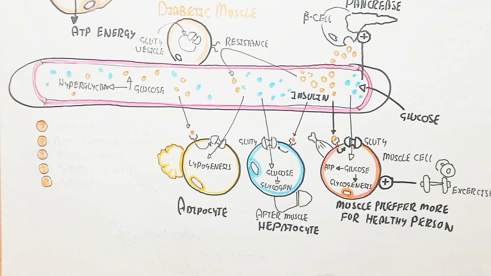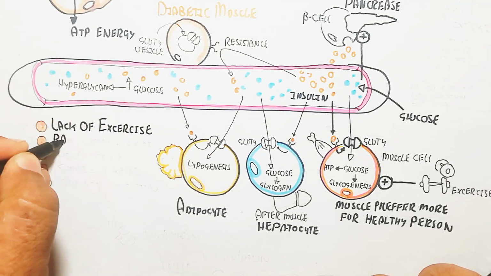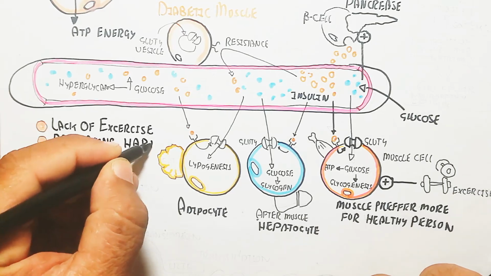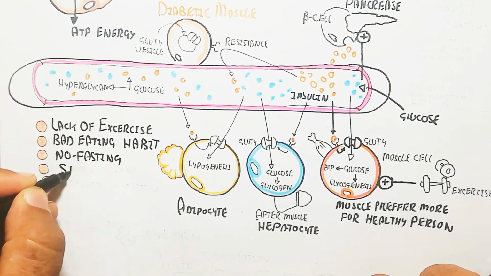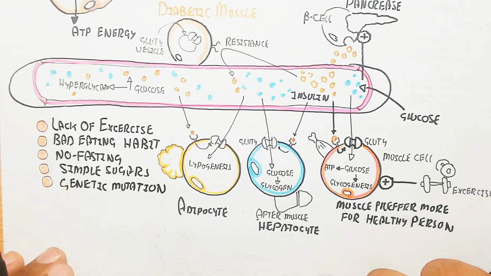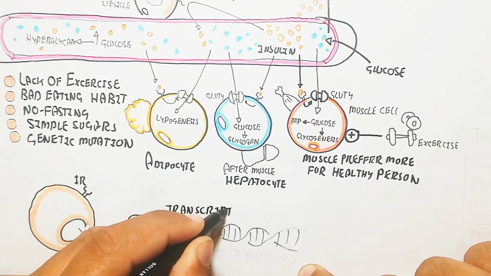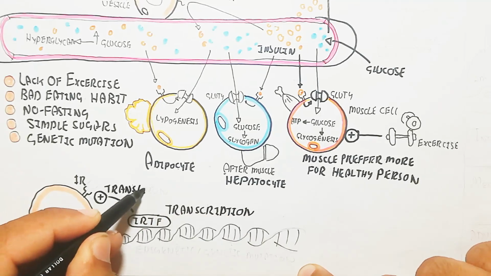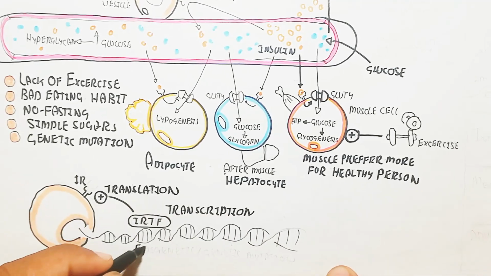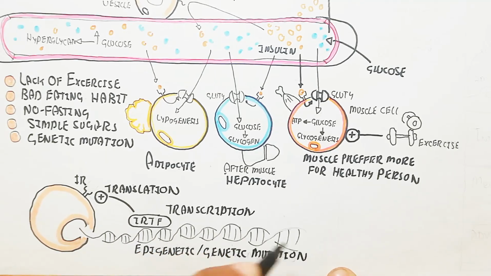So the causes of type 2 diabetes are lack of exercise, bad eating habits, non-fasting, simple sugars, and genetic mutation, like aging. Anyhow, this is the insulin receptor, and the insulin receptor transcription factor will lead the polymerase enzyme to work for the transcription and translation of the insulin receptor protein.